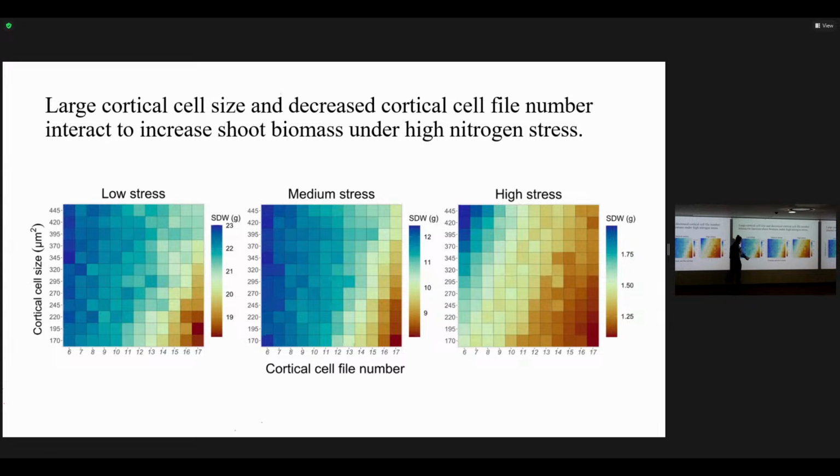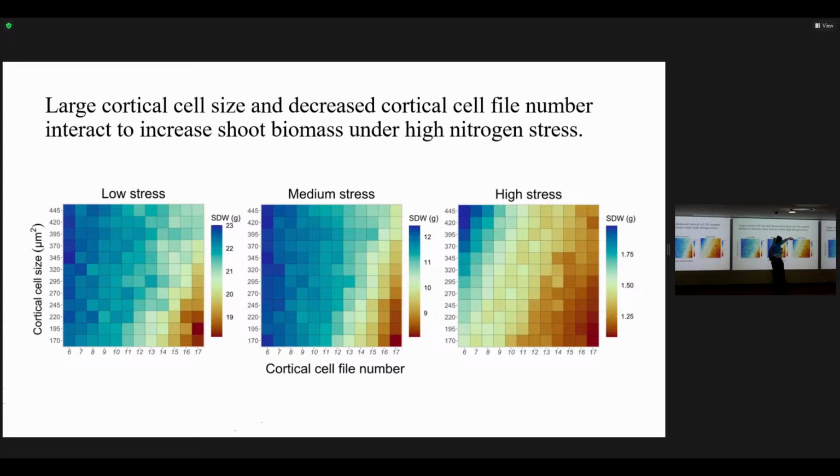under low nitrogen stress, the effect of cortical cell size is only important when we have a number of files that goes beyond 12. However, if we look at the high stress, we see that both traits are important in all the conditions. For example, even though you have a reduced cortical cell file number, which we tested before and was beneficial, it's not enough for the plant to achieve the best shoot biomass.